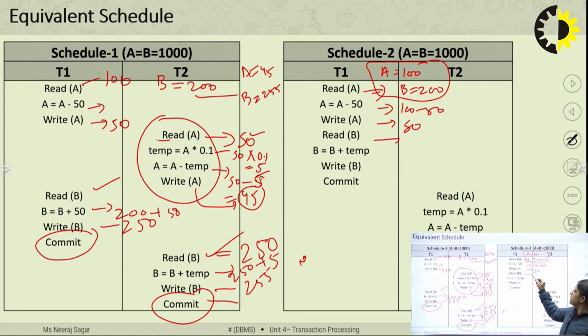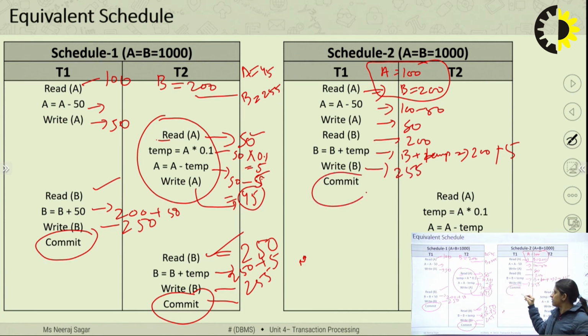Now it reads B, that is 200, and performs B plus temp, that is 200 plus whatever we get as the value of temp. Suppose temp is 5, and we can write 255, and then commit.